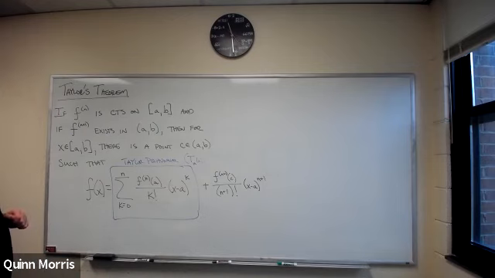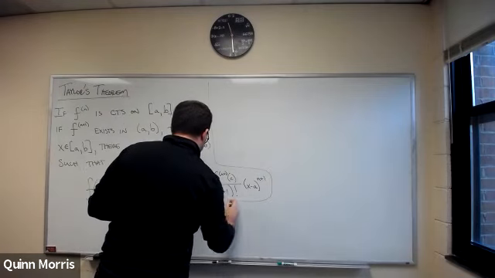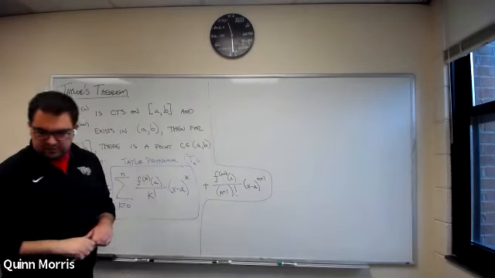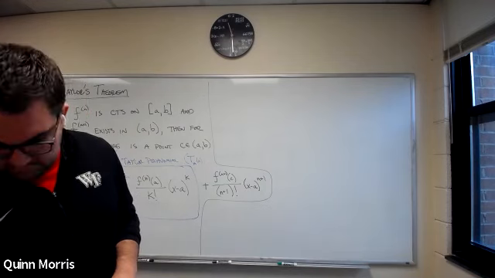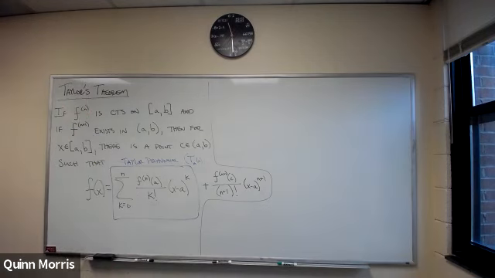Okay. So let's look at this. In particular, what we want to look at here is the proof of this, sorry, not the proof of this function, the proof of this theorem.